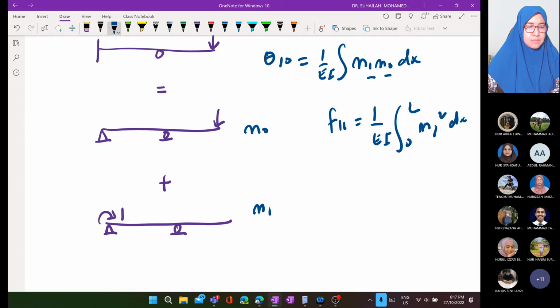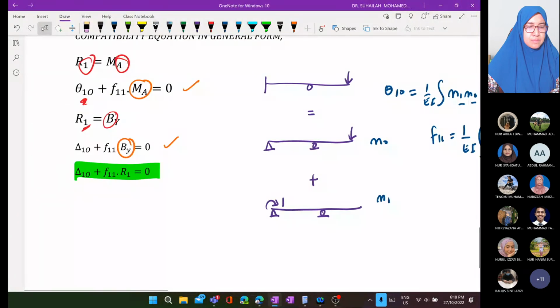Means that after this, we will change into numbering. So M will be M0 for primary system, M1 for redundant number 1, M2 for redundant number 2, M3 for redundant number 3. So that we don't get confused. Okay. So next session, next example, we will use numbering when we solve the beam or frame problem.